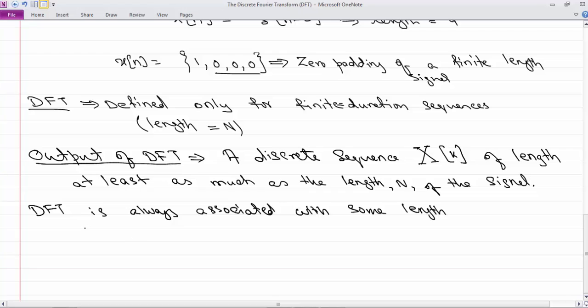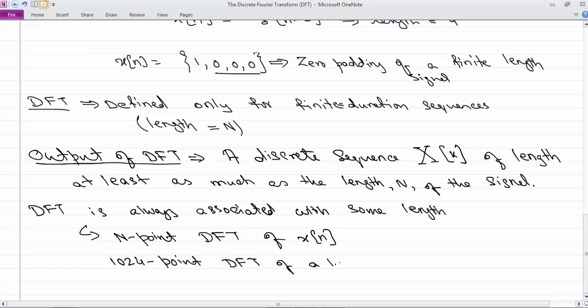So, for example, the term that is used is N-point DFT of x[n]. Or you will hear compute a 1024-point DFT of a length, let's say, 128 signal. Because we said that the length of the DFT can be longer than the length of the signal. So it's not just enough saying compute DFT.